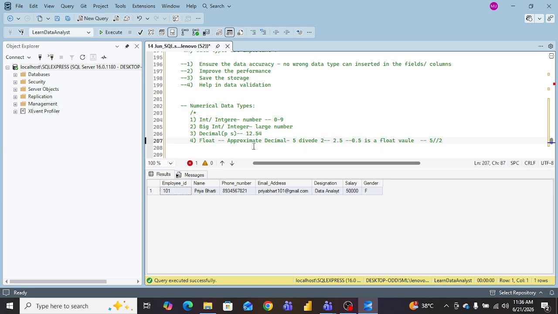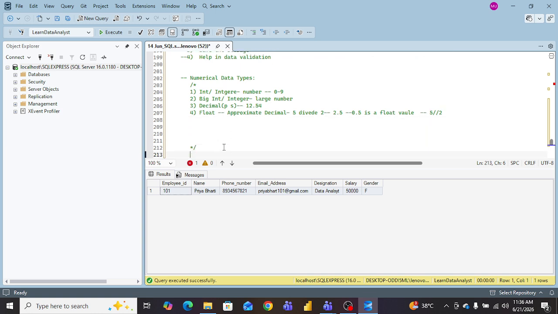Now we have to learn the string data type. What is a string data type? Do you have any idea? I have already explained it. Correct. So a string data type is a character data type.